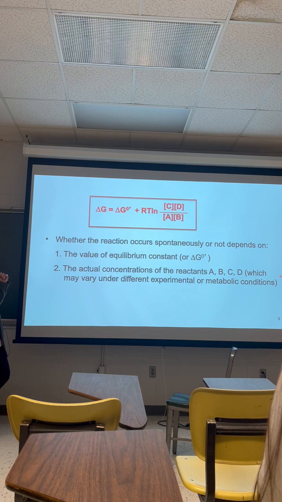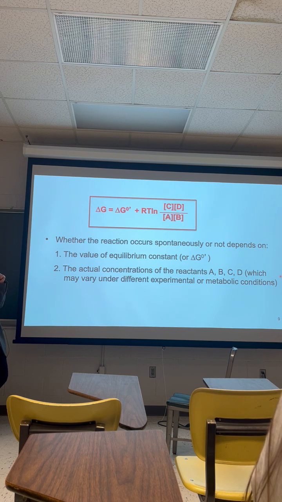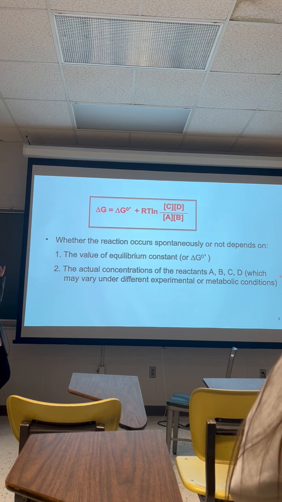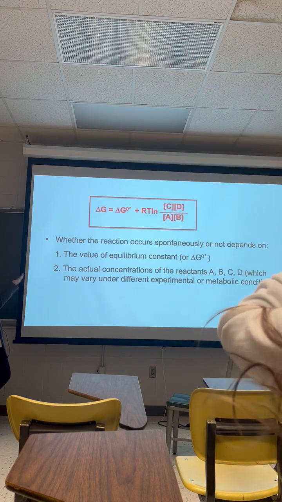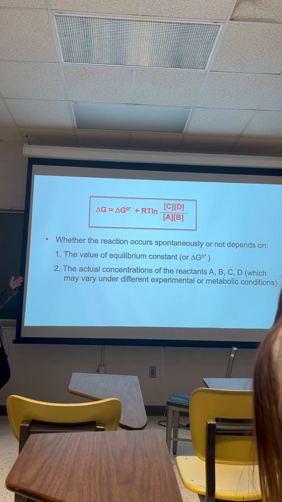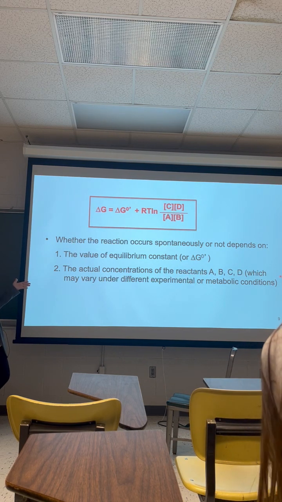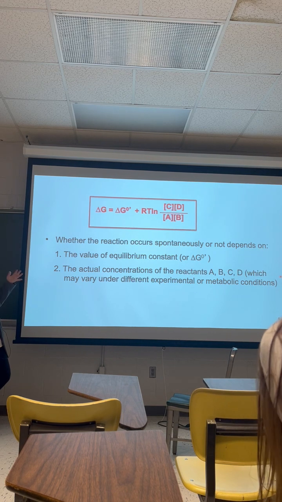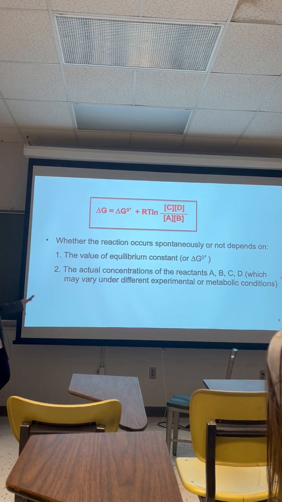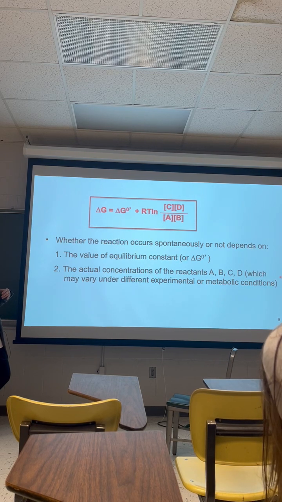If I give you delta G0 prime and the concentrations of C and D, but I still do not tell you about A or B, you still cannot tell, because you need to know delta G0 prime and the concentrations of C, D, A, and B. If you do not have this full set of numbers, you cannot tell delta G. By the way, I will not ask you to calculate delta G and take RT natural logarithm. I just want you to assess whether it can or cannot occur spontaneously.